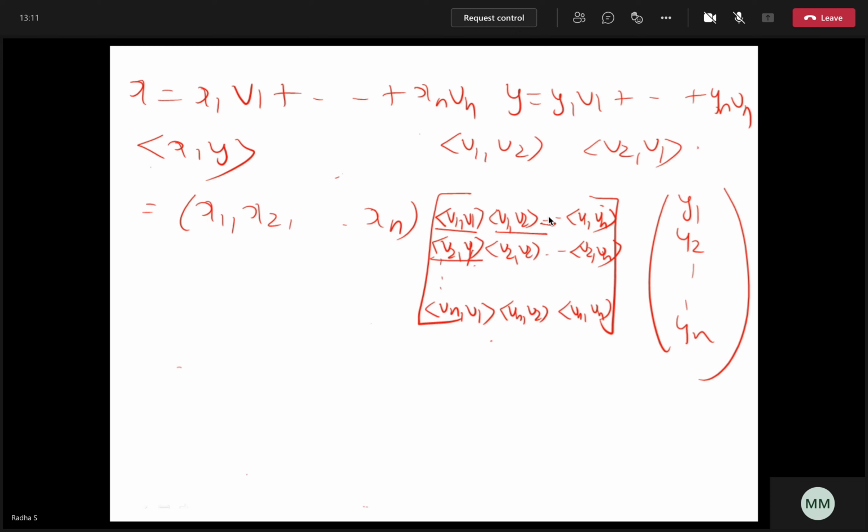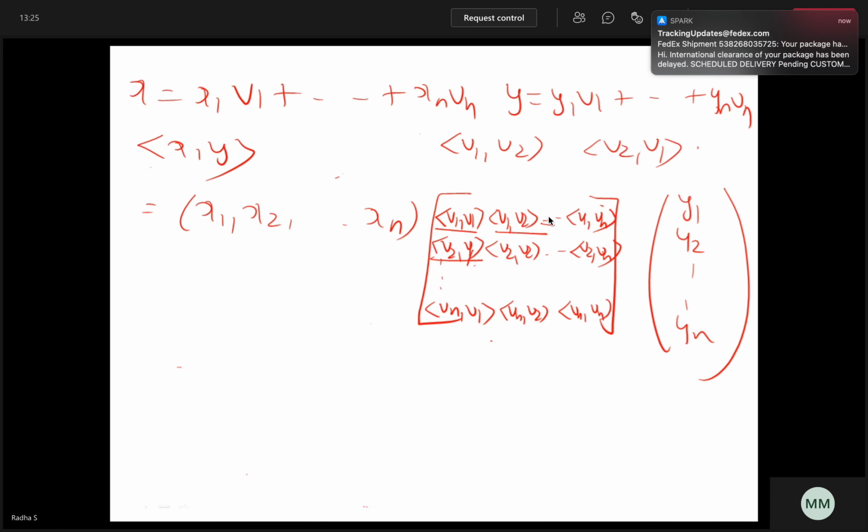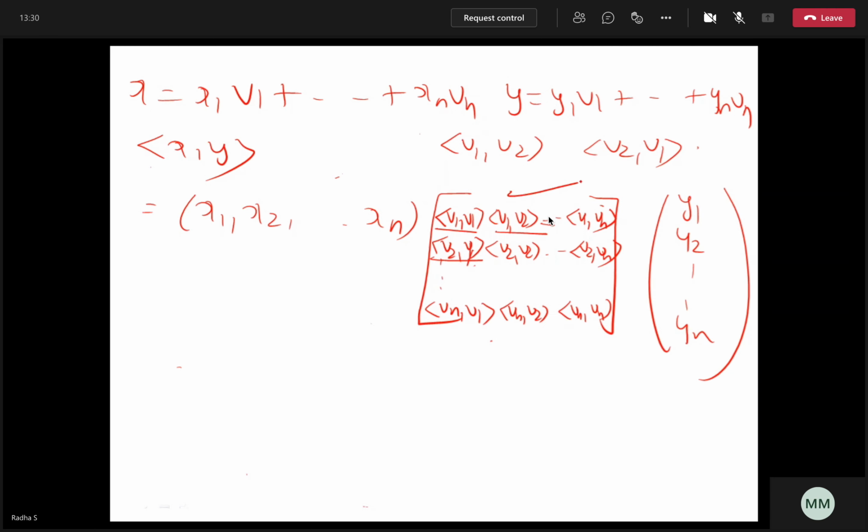Similarly, the third entry here will be v1 comma v3, so in the first column the third entry will be v3 comma v1. Same. What type of matrix is this? Actually, this is called the matrix of the inner product. That is a symmetric matrix.